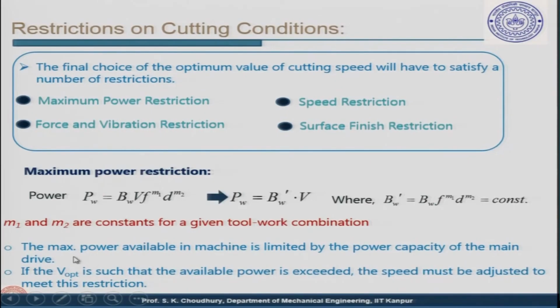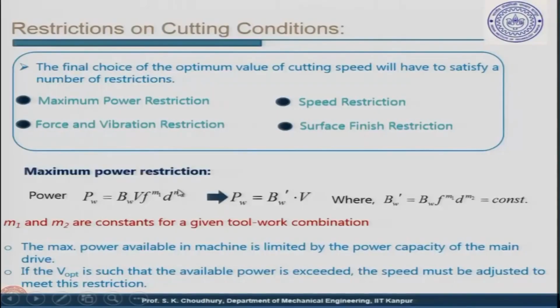The maximum power available in the machine is limited by the power capacity of the main drive. When you are selecting the main drive, that is the motor, it has a particular power, and the power required for the cutting process cannot be more than the power available from that machine, otherwise it will stall, it will not work.